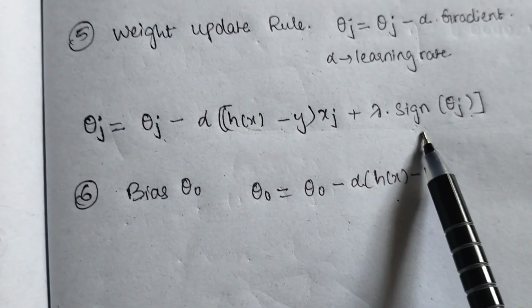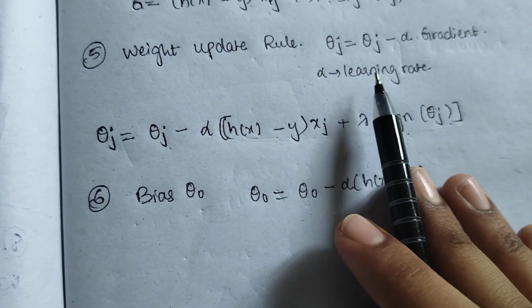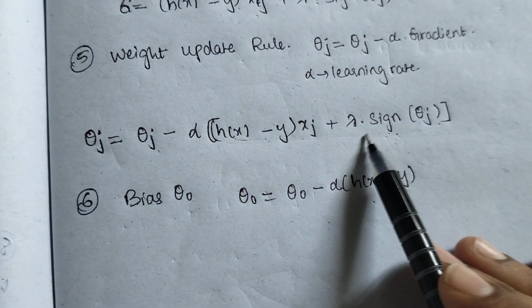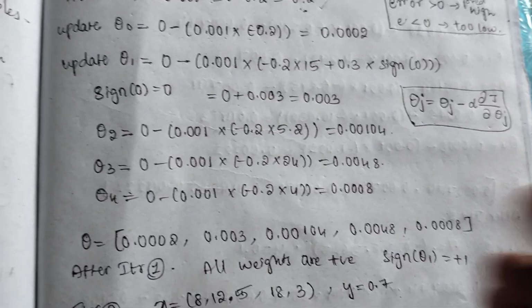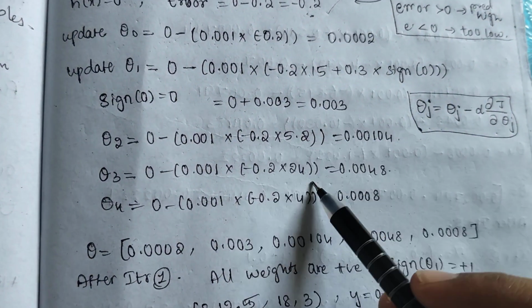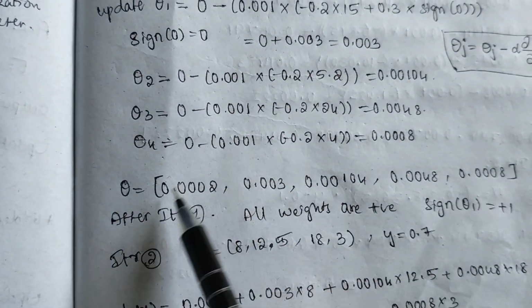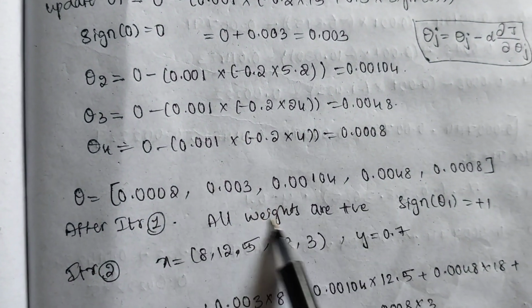Don't get confused. As you have seen in this first iteration it will be new, and for the second iteration it will be more clear. Okay, keep watching. Here we'll find theta 2, theta 3 and theta 4 in the same method. After that, these are the new weights. All weights are positive.